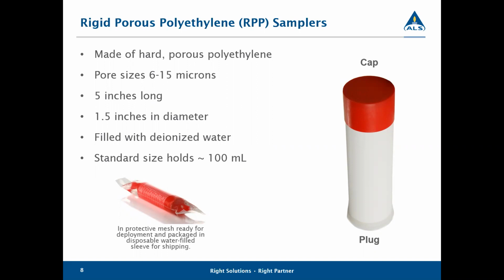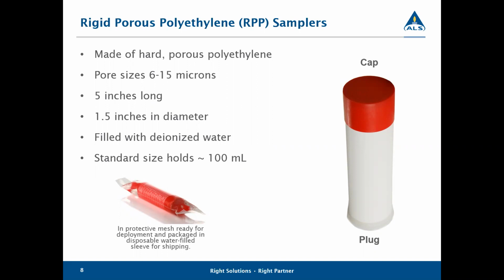When completely filled with water, the pores allow a water-water interface facilitating that same equilibrium of water-soluble analytes in the aquifer adjacent to the well screen with the deionized water inside the RPP. Like the majority of passive samplers, it is recommended that they remain deployed for at least 14 days.